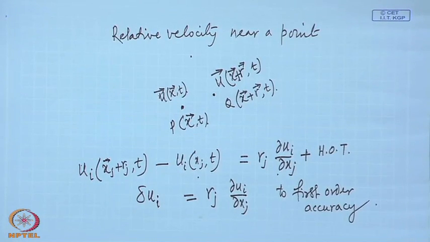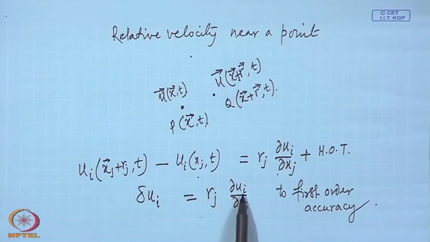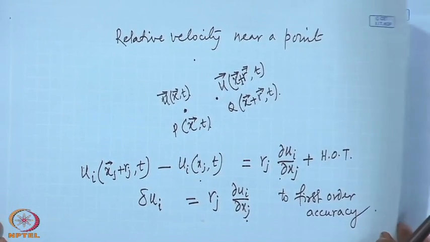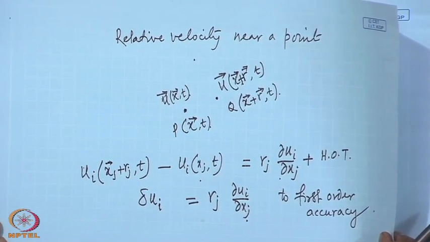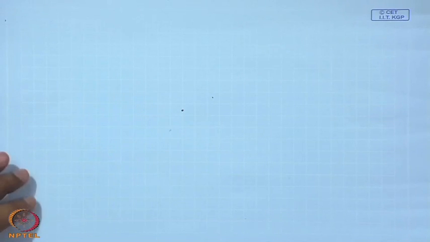Then look at this term d u i d x j, what it is. It has 9 components: d u 1 d x 1, d u 2 d x 2, d u 1 d x 3 and so on, is it not?